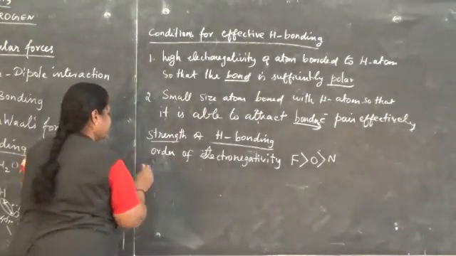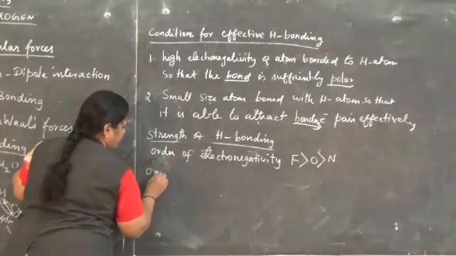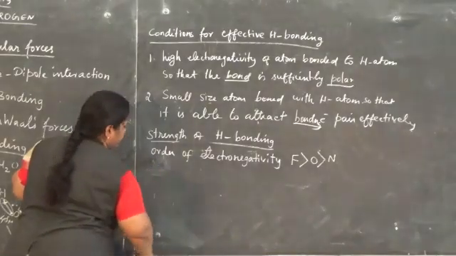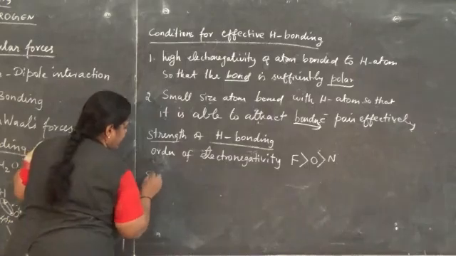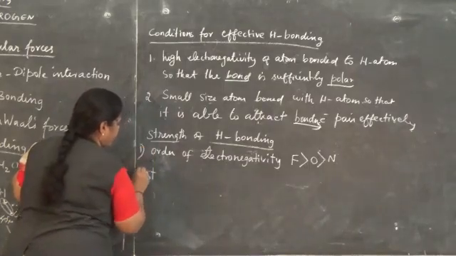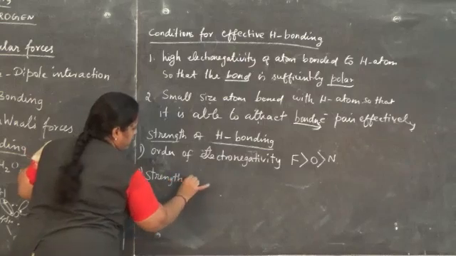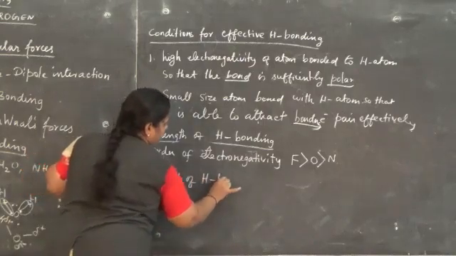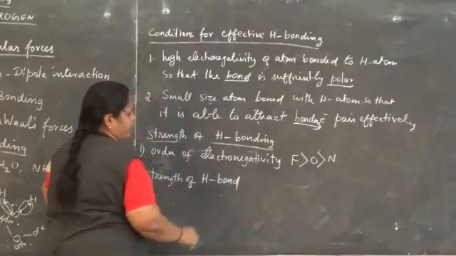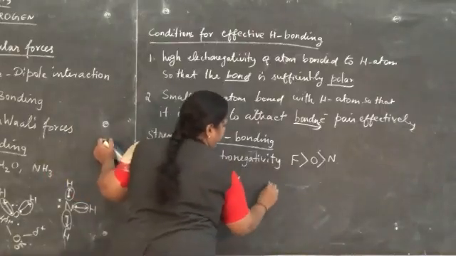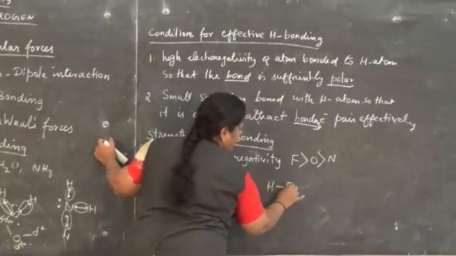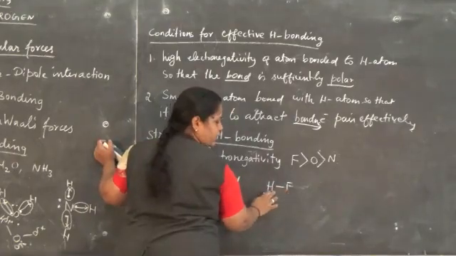So, next we discuss the order of strength of hydrogen bond. This is the first point. Second point, strength of hydrogen bond in the order of HF. In HF, the bond is a covalent bond.